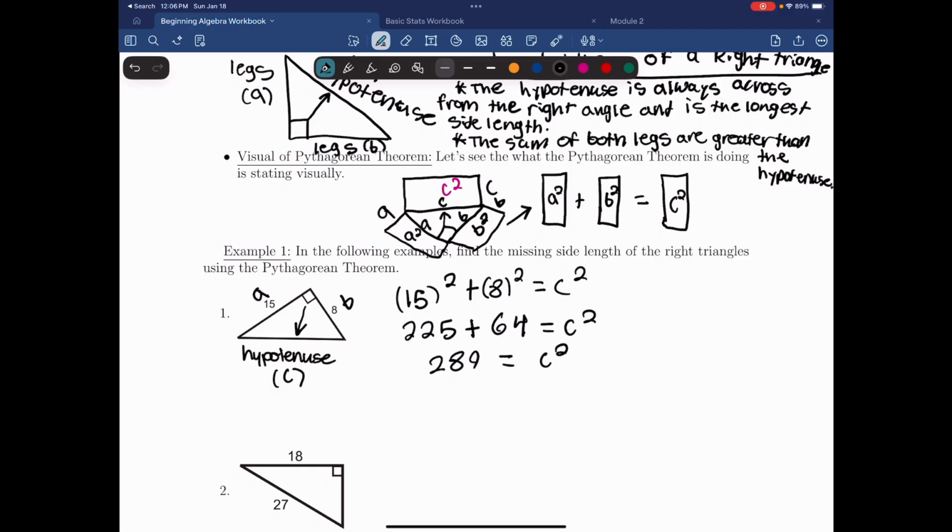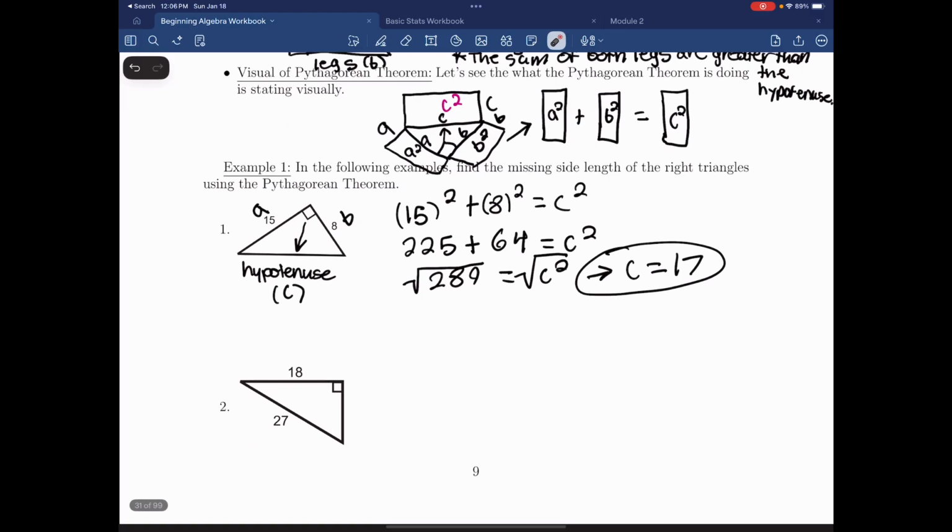Do we know something that's the opposite of something squared? That is the square root. So to solve for c, we're going to take the square root of both sides of this equation. And what we get is c equals the square root of 289, which is a perfect square, actually. It is 17. So this side length here is 17.